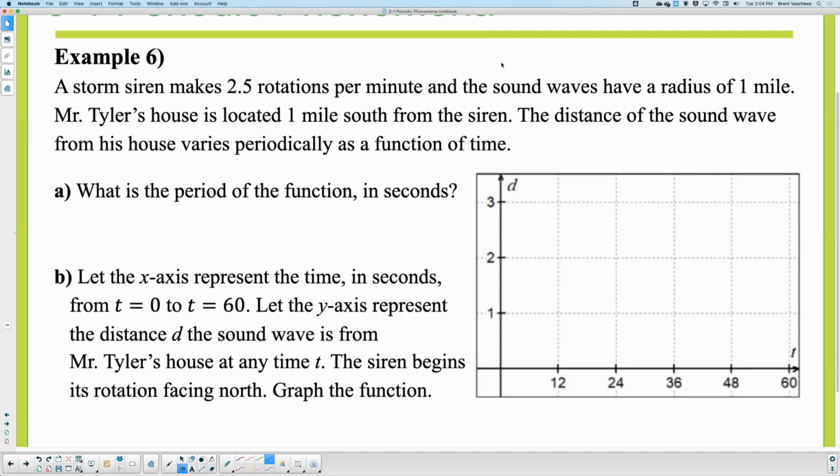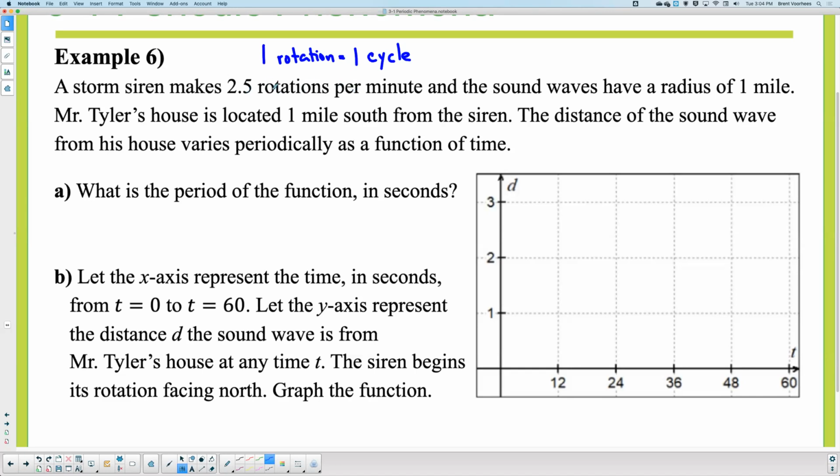All right, example 6. A storm siren makes 2.5 rotations per minute. I want to pause here. A rotation is a cycle. 1 rotation is equal to 1 cycle, and a cycle is the same thing. The distance of a cycle is the period.